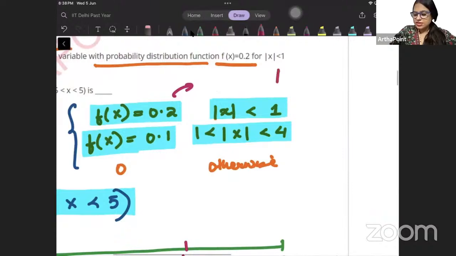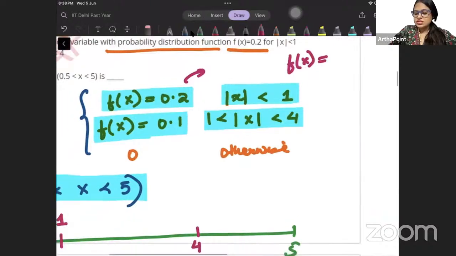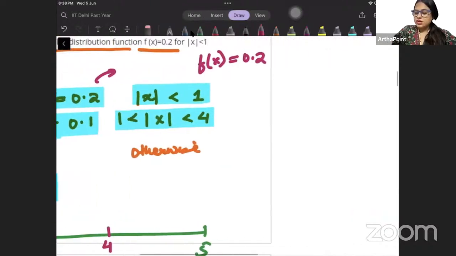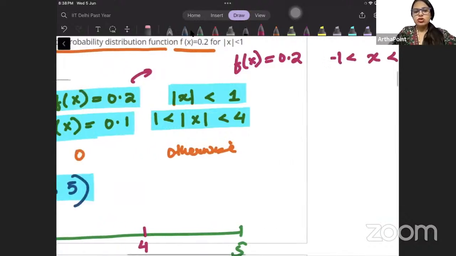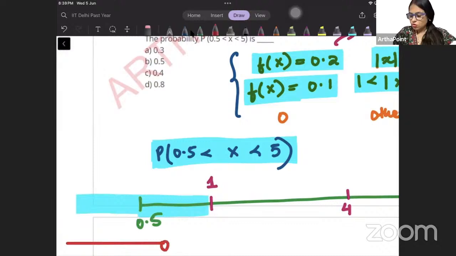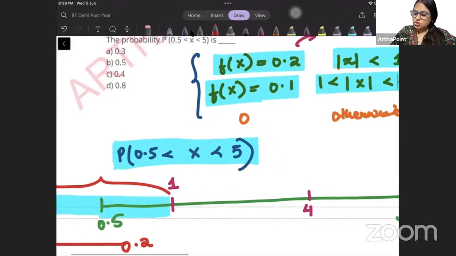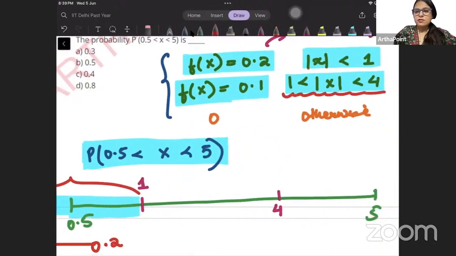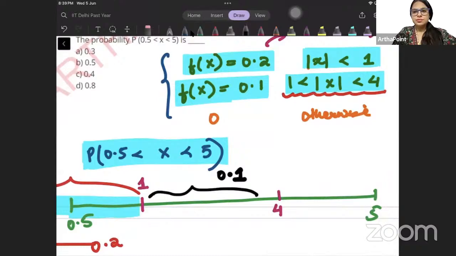So this means that the probability is going to be 0.2 whenever your x is between -1 to 1. Whenever your x is between -1 to 1, the probability is going to be 0.2. And this tells you that when x is between 1 to 4, your probability is going to be 0.1, right?